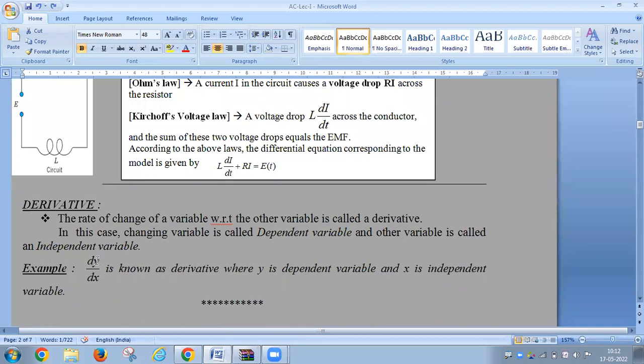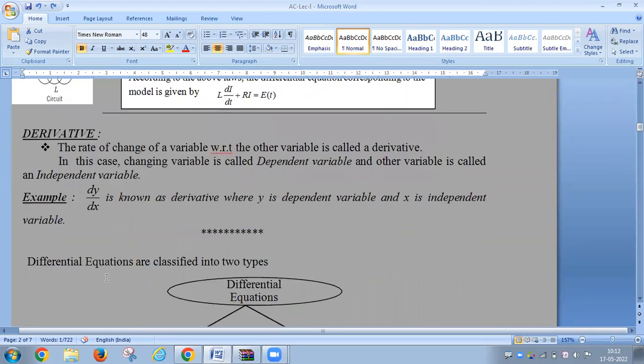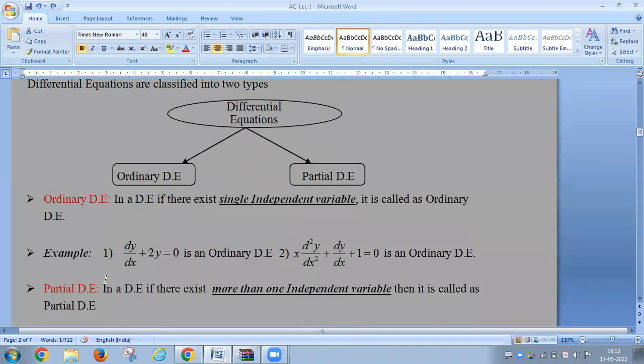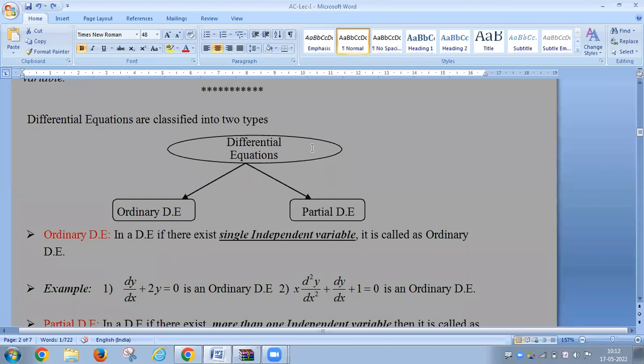Here y is called the dependent variable. x is known as the independent variable. Remember this carefully: in dy by dx, y is the dependent variable and x is the independent variable.